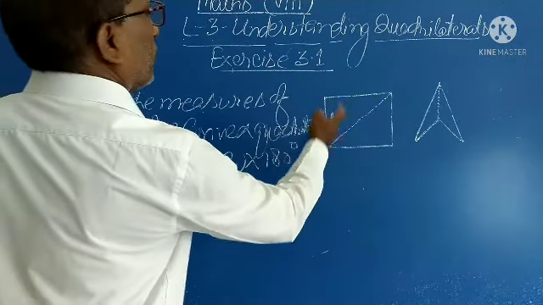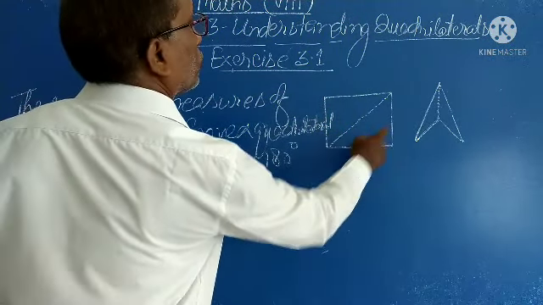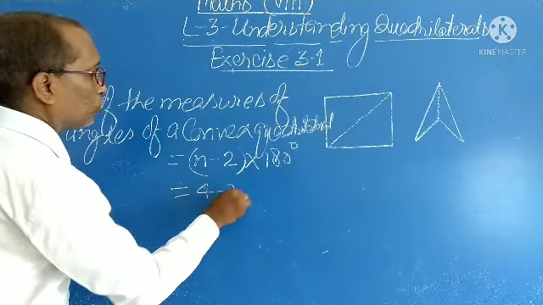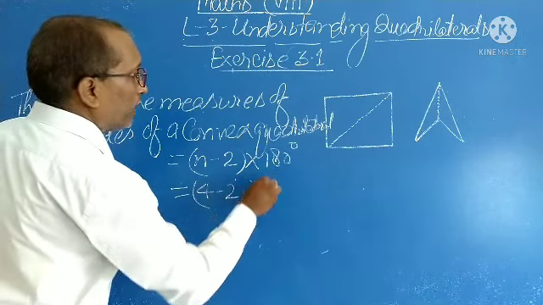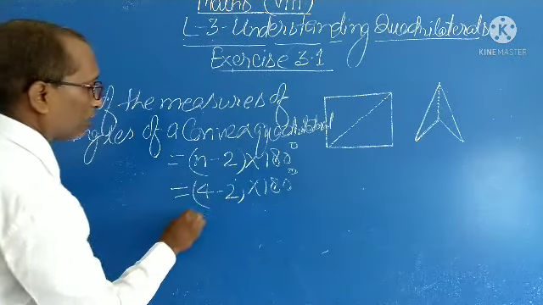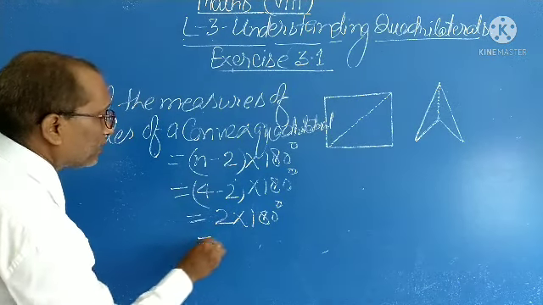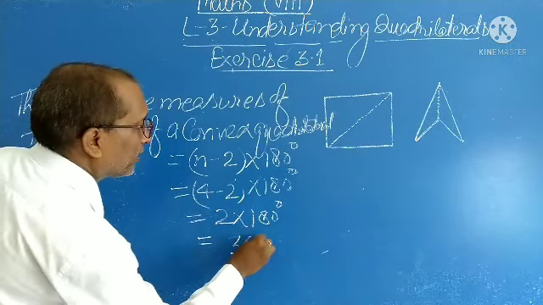In this figure you have 4 sides, 1, 2, 3, 4. This means (4 minus 2) into 180 is equal to 2 into 180 degrees, that is 360 degrees.